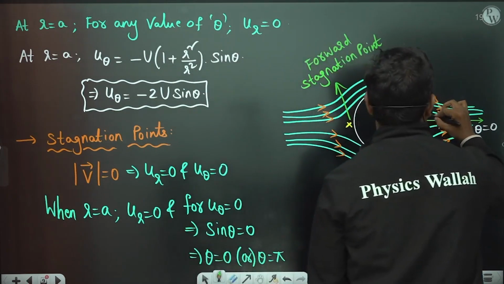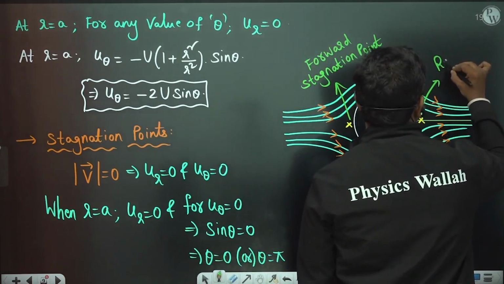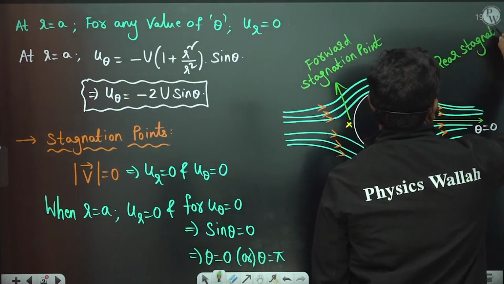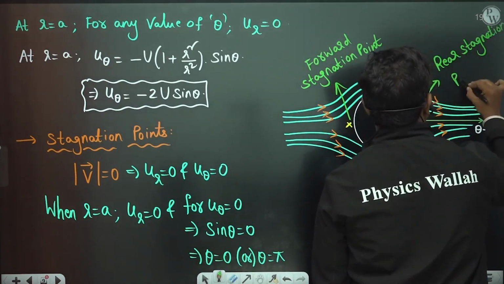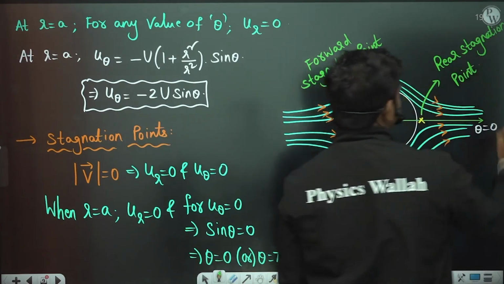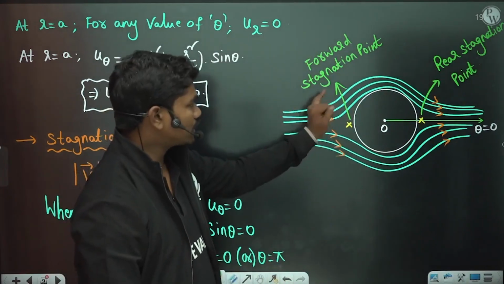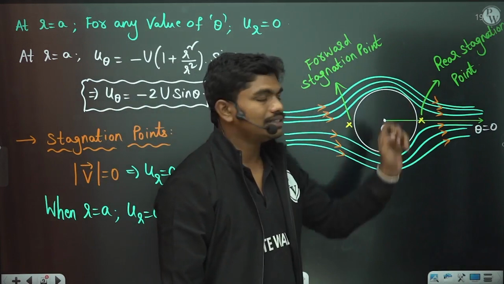And this point here is the rear stagnation point. Clear? So we have two stagnation points in this case: one is the forward stagnation point and the other is the rear stagnation point.